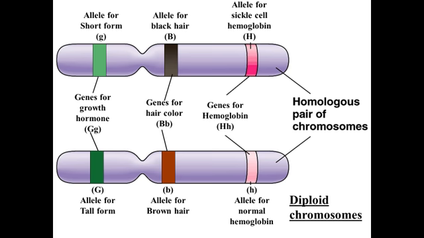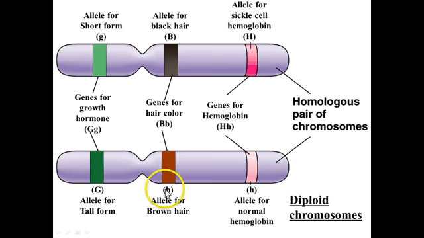So these are homologous. This is a homologous pair, right? You got one set of chromosomes from mom, one set of chromosomes from dad. And while they have the same genes, they're going to be different alleles of those genes, or different forms of those genes, right? So our growth hormone gene from mom would be different from the growth hormone gene that we inherit from dad.